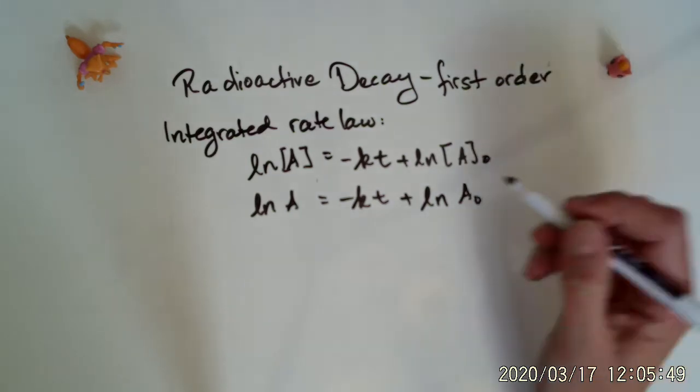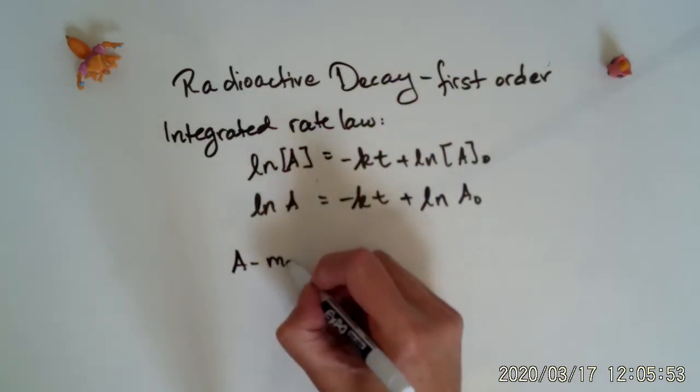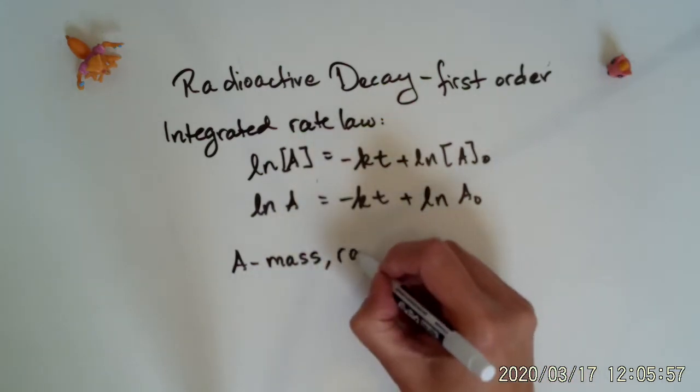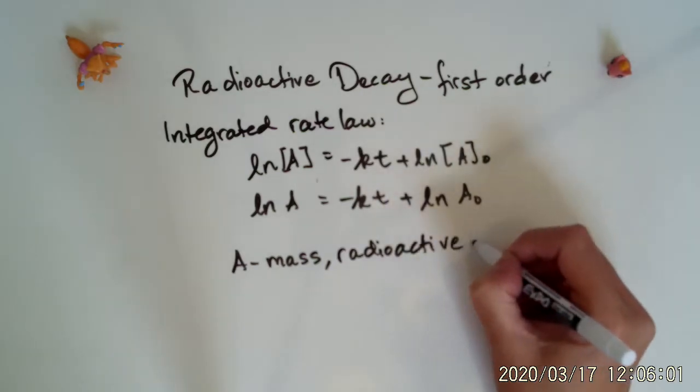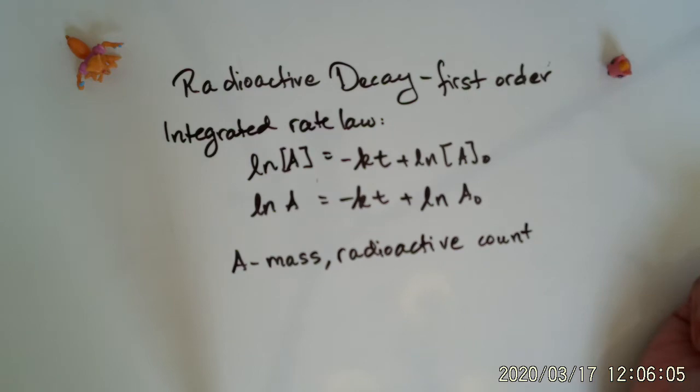So we can use that as well. So A could be the mass, it could be the radioactive count, so how much radioactivity is being emitted.